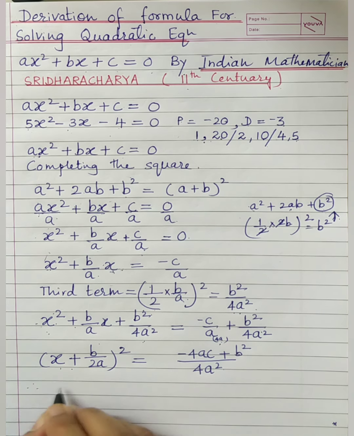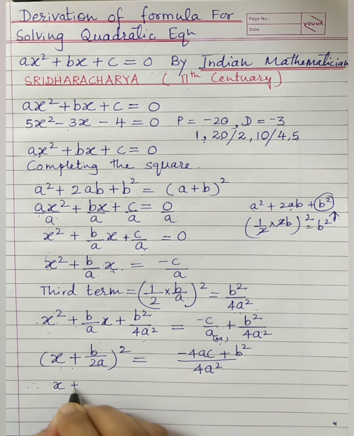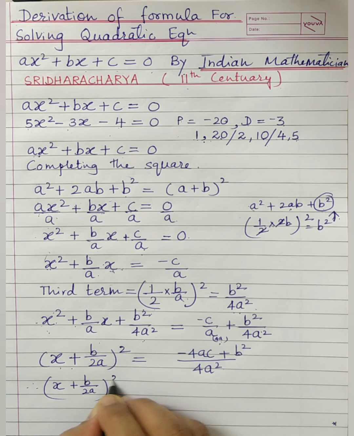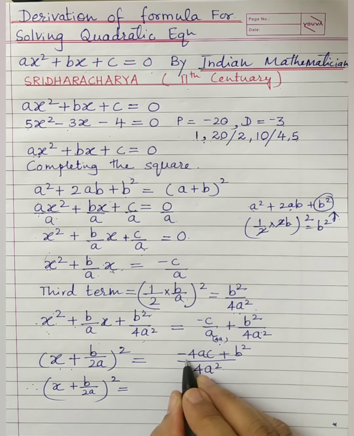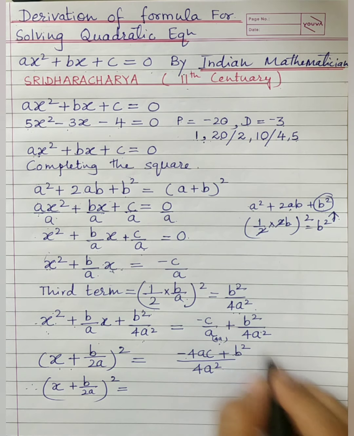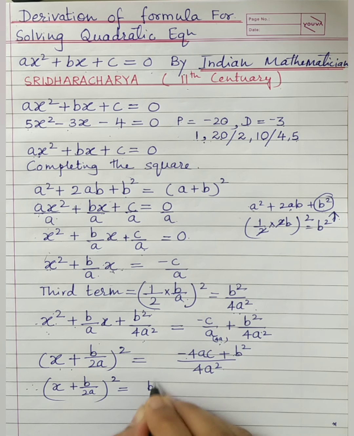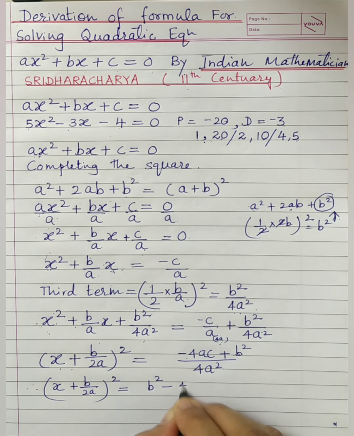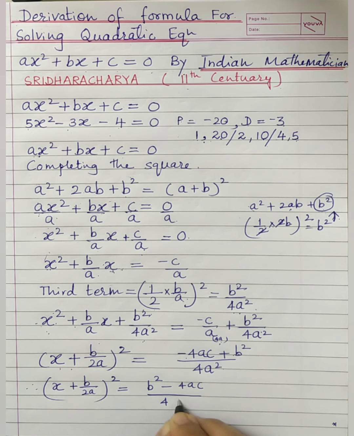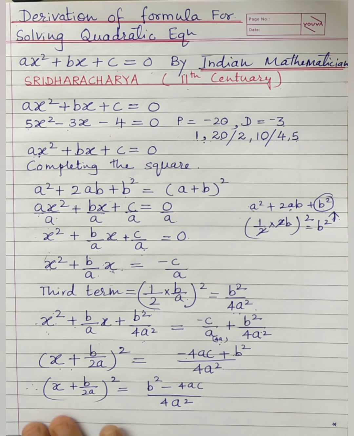Now x plus b upon 2a the whole square is equal to, instead of writing the negative term first, I shall write it afterwards. So just shuffling the places, b square minus 4ac whole upon 4a square.